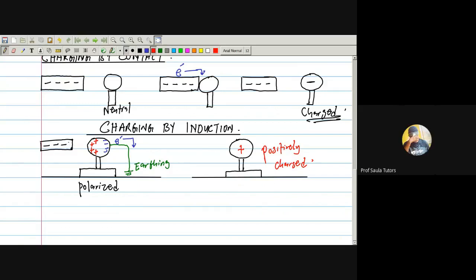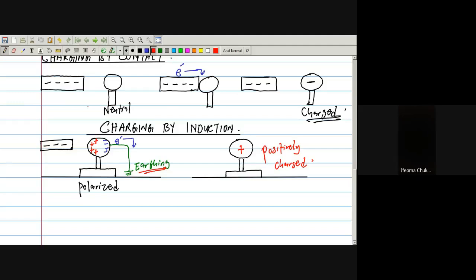When you bring this close to it, the electron has moved down already. After the electron has moved down, you now take this away. You'll be having more positive charge because the negative charge has been grounded already. It has been taken away.